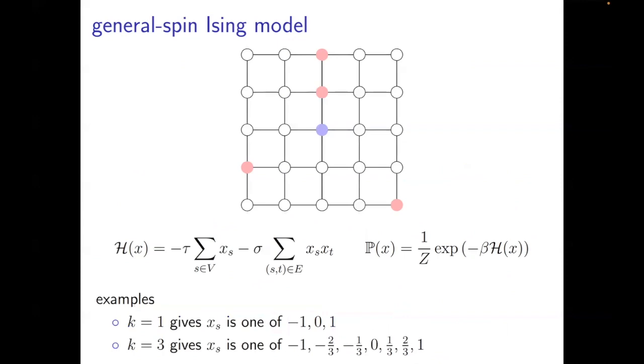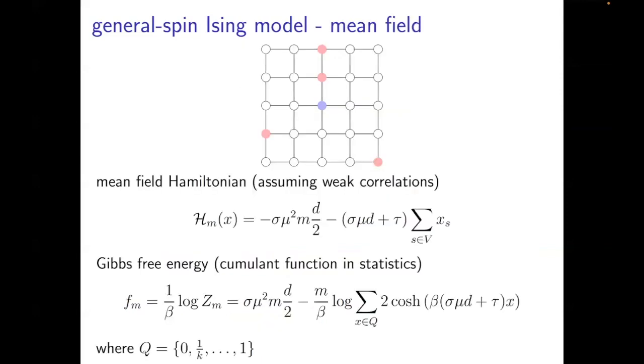And so these are just typical examples. So we define a k, and determine the number of values that the variables can take. And then we're interested in the mean field.